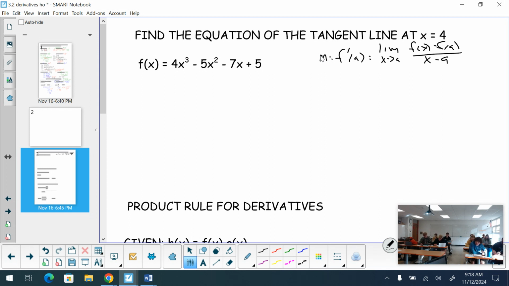Okay, that's what we've gone through before. But the key thing to remember here is our slope is the value of the derivative at a, at 4.